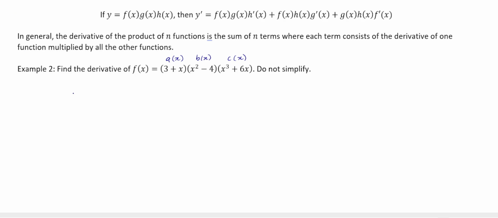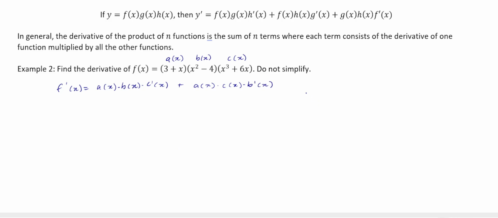Okay, so if I want to find the derivative of f at x, so f prime at x, the first two times the derivative of the third. Okay, so look, I've got the first two unchanged times the derivative of the third, right? And now what I'm going to do, and again, the order doesn't really matter here, I'm going to do the first and the third times the derivative of the second.